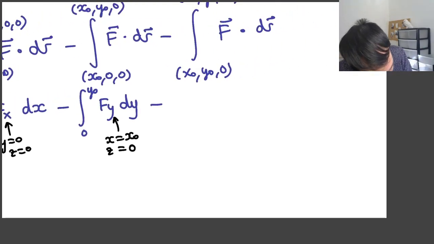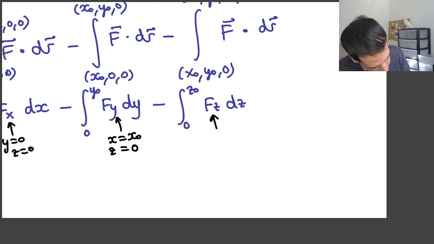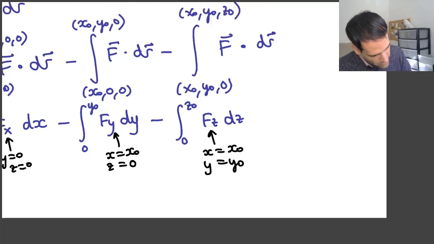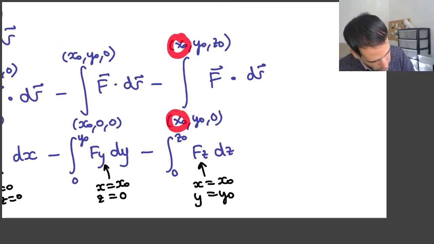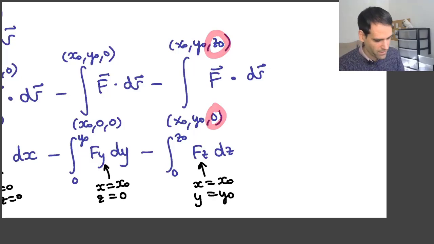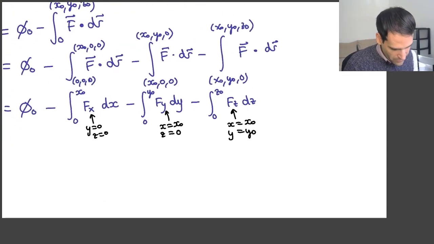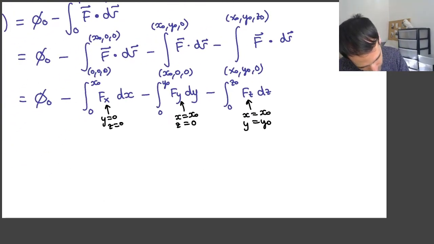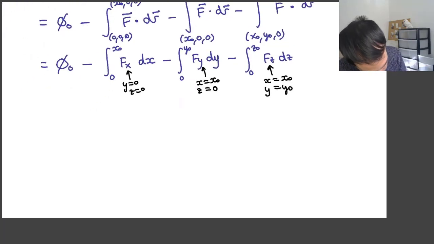And in the next integral, which is along z, from 0 to z0 of fz dz, we are going to keep x and y as constants, because those are the constant values that they have throughout the whole integration. Only z is changing. So very good. Now we are ready to do this integral. So we just substitute.